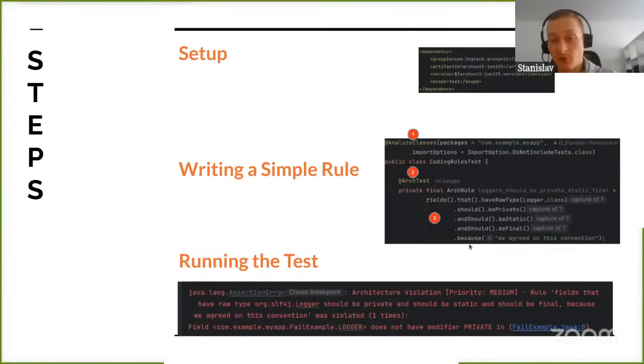And in because, you just provide the message. It is optional, but if you provide it and the test fails, you will see the assertion error at the bottom of the slide. It is saying basically that the rule was violated, and it also points to the place where it was violated.